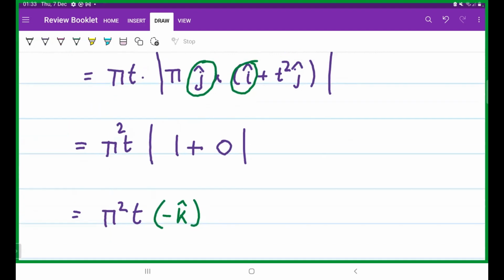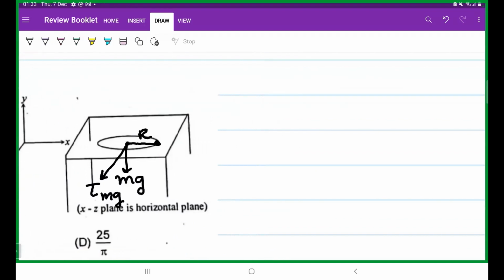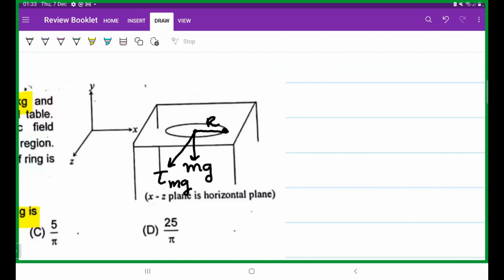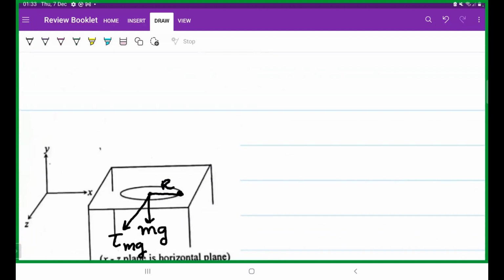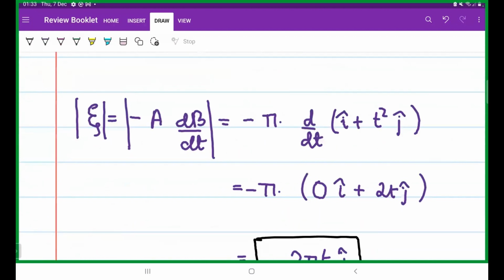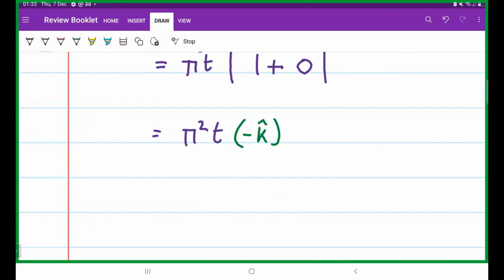Now let's have a look at the question here. The torque of the gravitational field is towards positive z. So the torque of the magnetic field is towards minus z, right? We have already shown that. They need to be equalized. So let's equalize the magnitudes. We will get the answer.